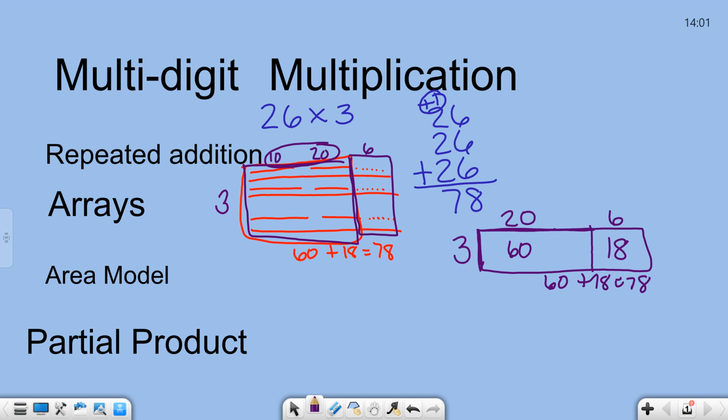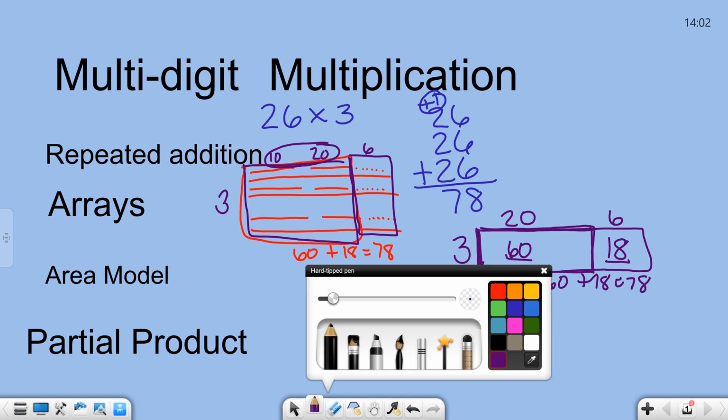So an area model is very similar to arrays, except I'm not drawing all the parts inside, because if my student already knows what 26 looks like 3 times, then they can shorthand and just put the numbers inside the box. And an area model is covering up a space using rectangles.